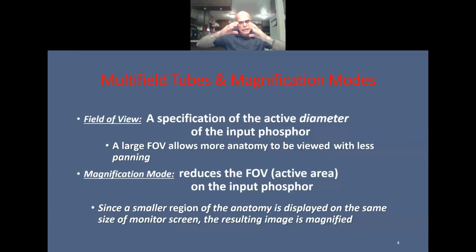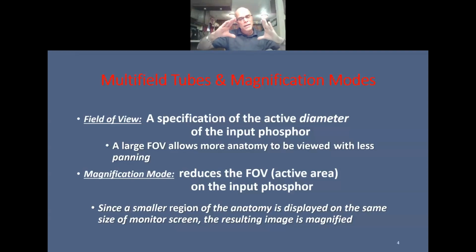Okay, but that action of the X-rays going through and the light photons and the release of electrons, the same thing's going to happen to them. But there's less of them. There's less light being produced from the X-rays because there's less X-rays hitting the input phosphor because we're using a smaller area of it. We're not using it in full capacity.